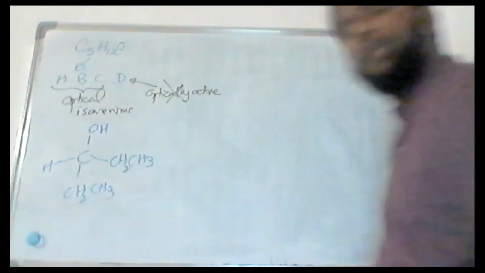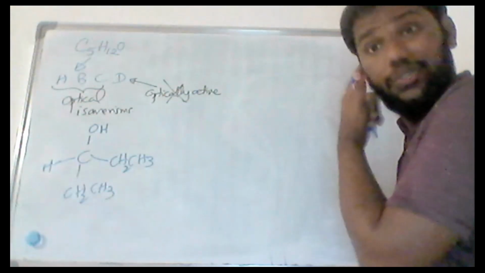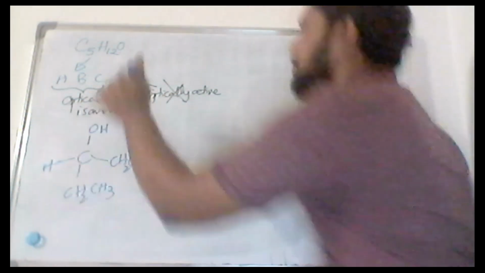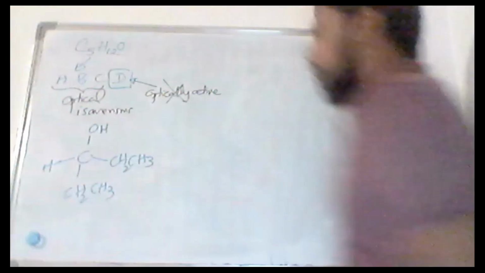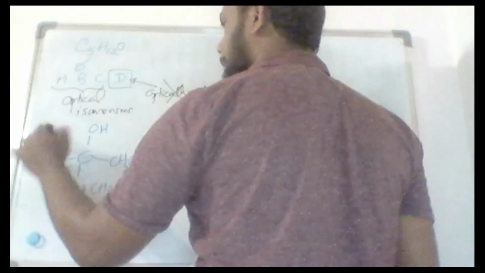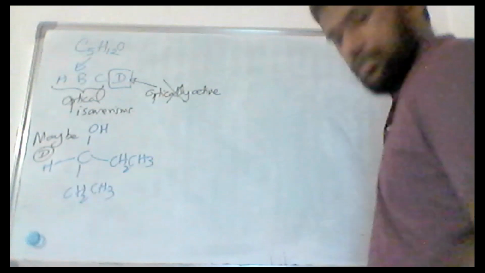Now this is not an optically active compound. Why? Because there are 2 CH2CH3 groups. So this is a problem, right? This can be the structure of D because that is not optically active. Maybe D, we don't know.